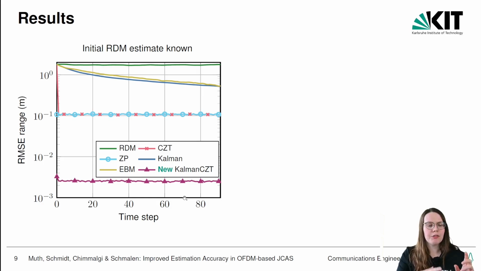So it seems like in the first time step we lock on the target and then we already know where we are, and it doesn't really make sense to make our Kalman CZT window even smaller. So this is a lot of gain here, and we're at a similar complexity as with the other algorithms.